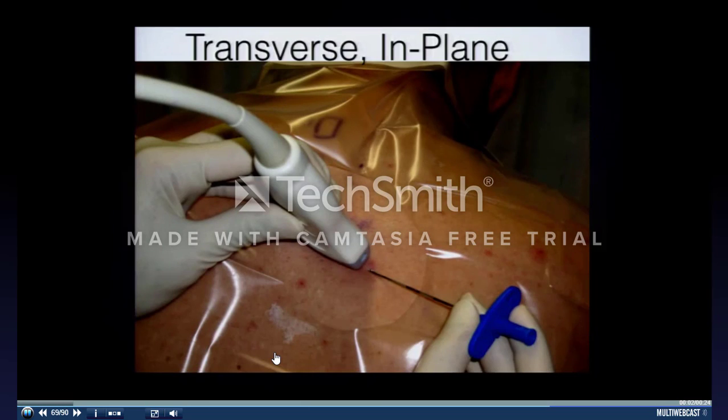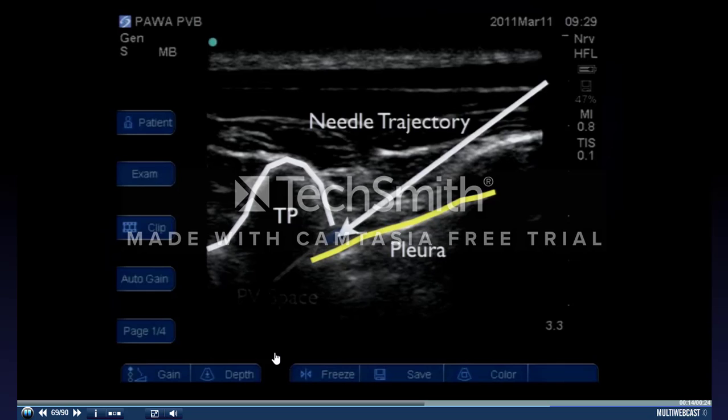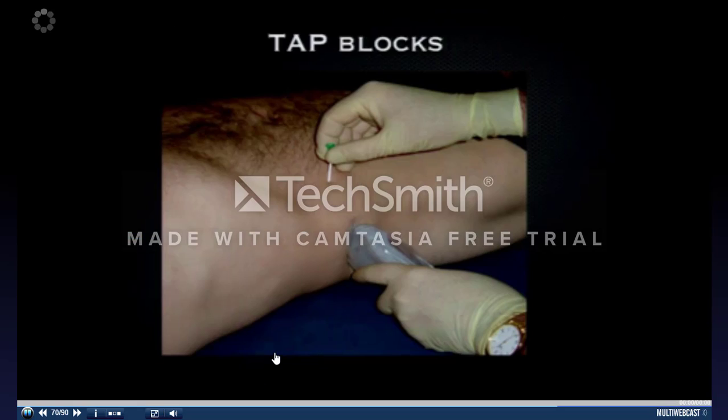Initially, the majority of us were quite scared of angling the needle towards the neuraxial space. But when you're actually doing it in plane in this particular technique, you should be able to see your needle tip reasonably well and have confidence that you're not going to push it in too far. And then when you inject, you can see the pleura move down.